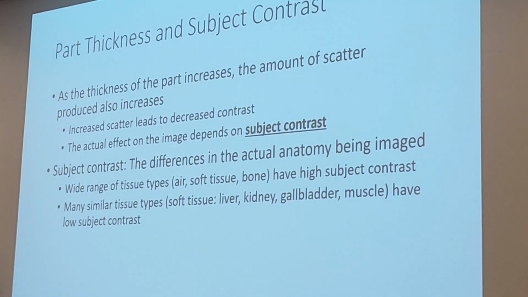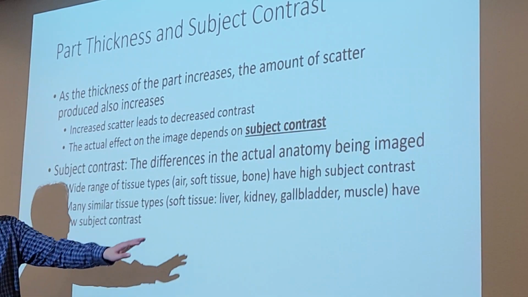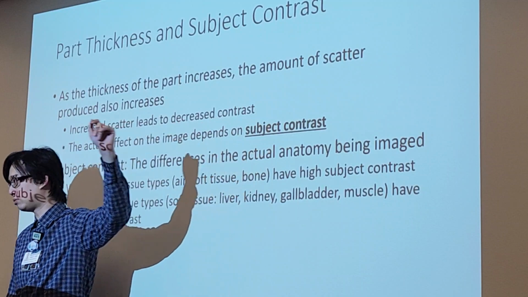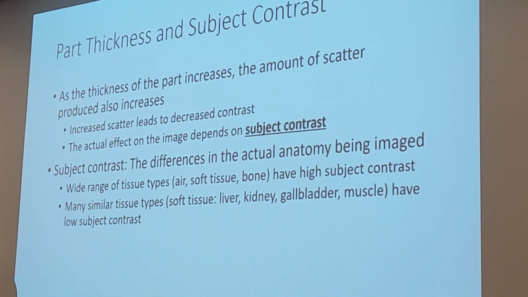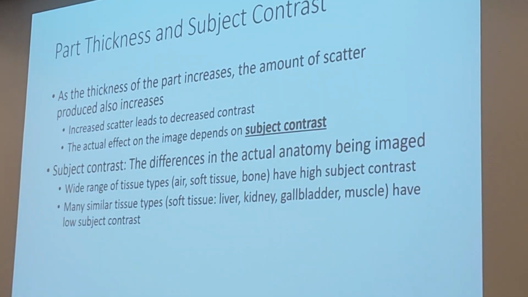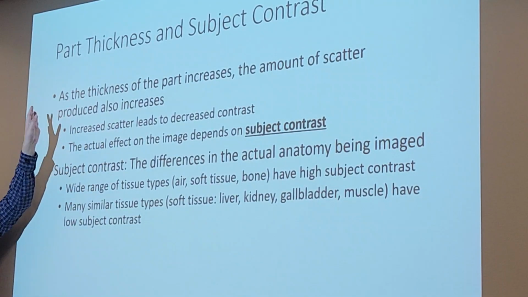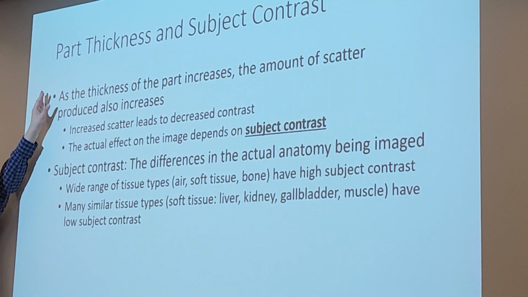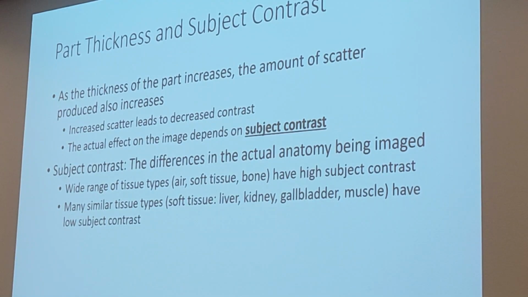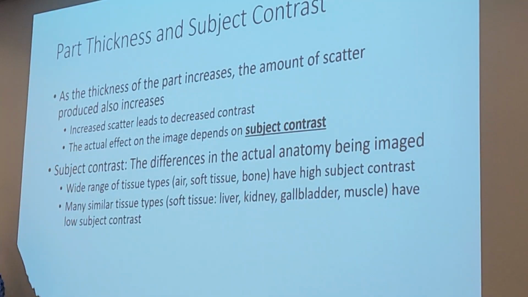Now, okay, remember we talked about subject contrast before, right? It's the inbuilt contrast of the patient, of the different organs, of the different tissues. Remember, contrast depends on subject contrast, and also, as thickness of the part increases, we have more scatter as well. So scatter is going to reduce the subject contrast. Subject contrast is what we want to see.